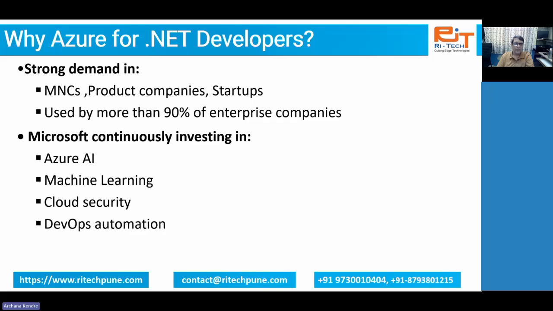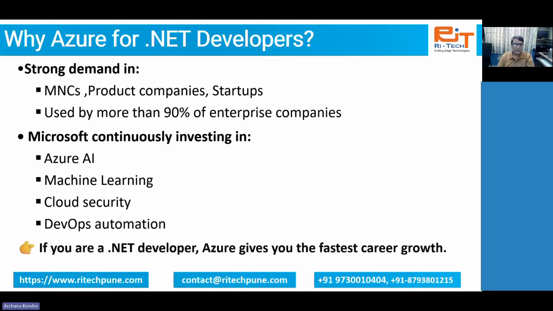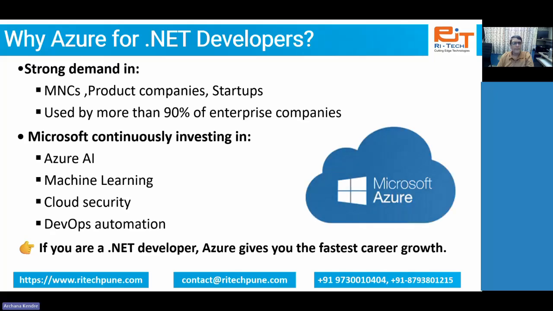Azure AI is on Azure; ML.NET you can use without Azure, or you can also use through Azure. Cloud security, DevOps automation, quantum computing, and cyber security will all be integrated with Microsoft Azure. So if you're a .NET developer, Azure gives you the fastest career growth. The learning curve is less and you can grow fast.